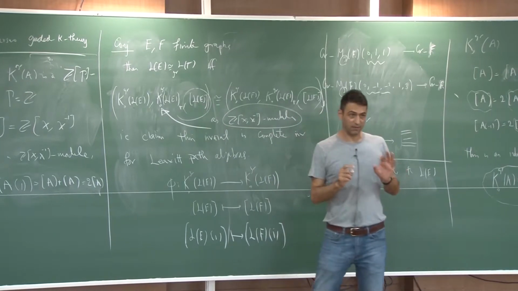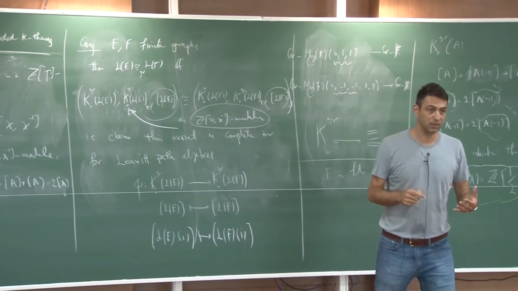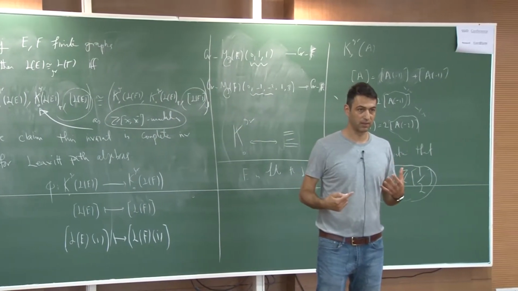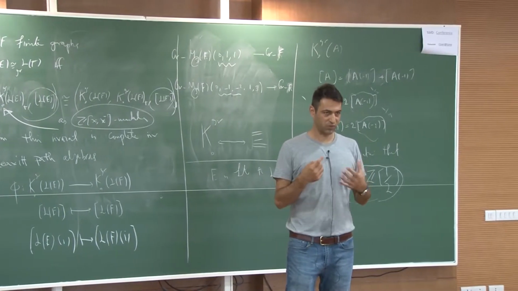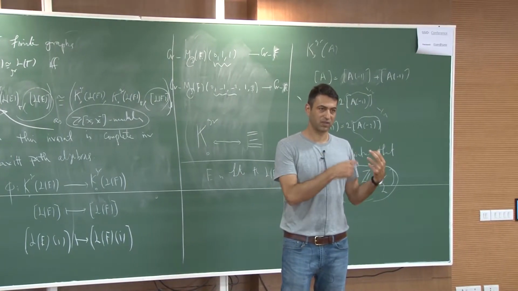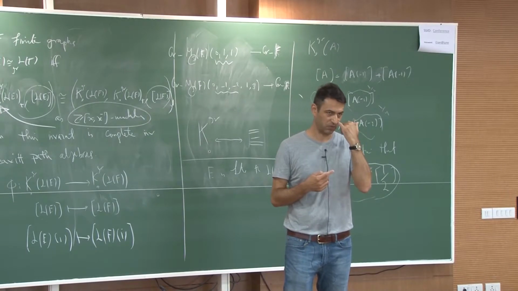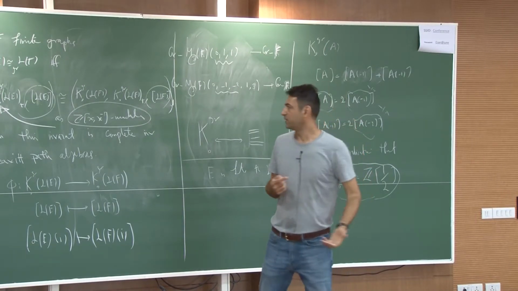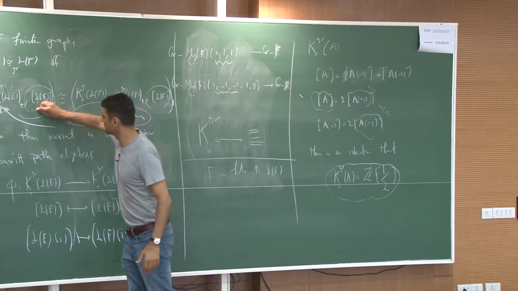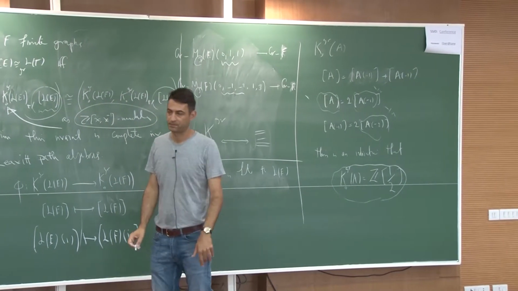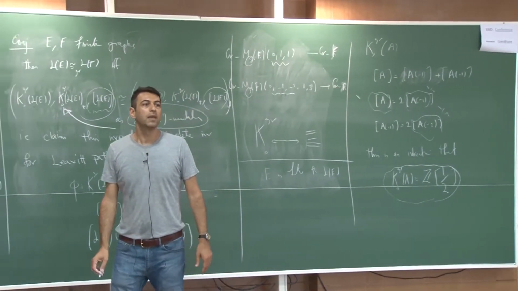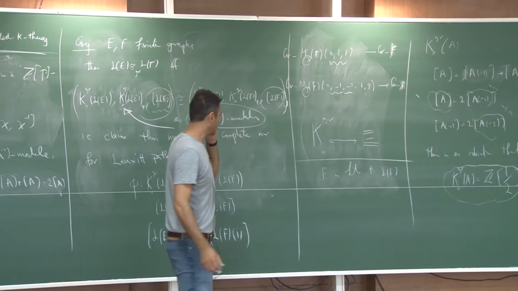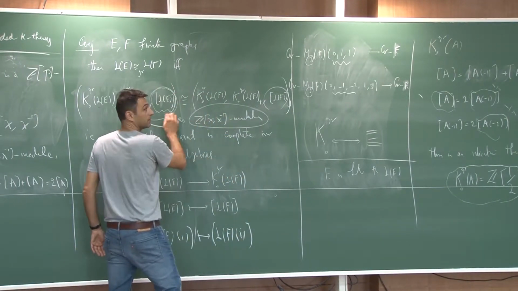If the Leavitt path algebra doesn't have an identity, then K0 is defined differently, because for projective modules, if your ring doesn't have an identity, you have to work a bit harder and replace this with local units.